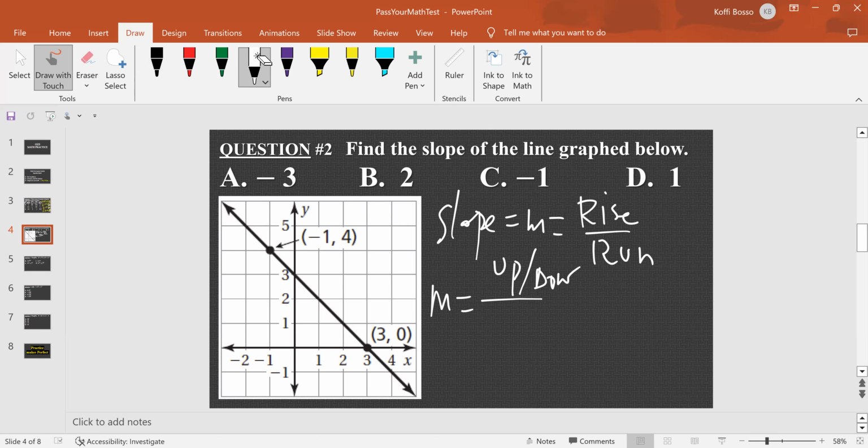But the thing is this, when it's up, we say plus. When it's down, we say minus. Now you have to understand that the run here will be left or right. When it's left, we say minus. When it's right, we say plus.